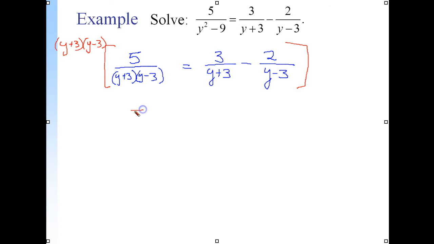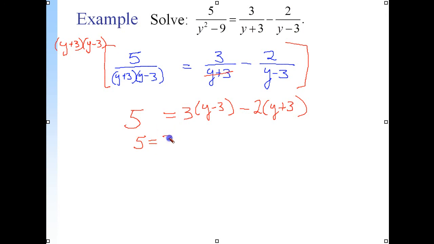So we end up with a 5. Here the y plus 3 cancels. So we have to multiply this by the y minus 3. Here this cancels. So y plus 3. So that's a lot easier.